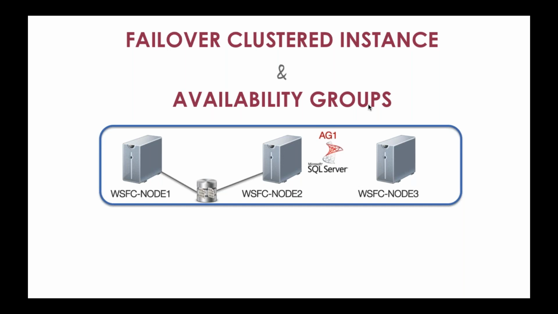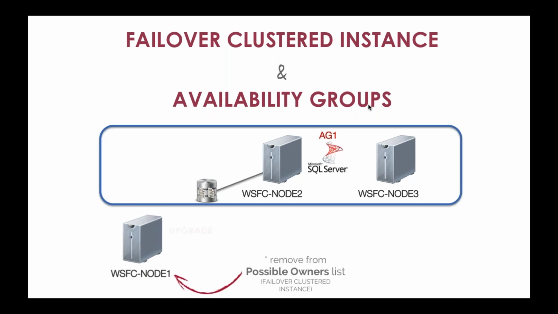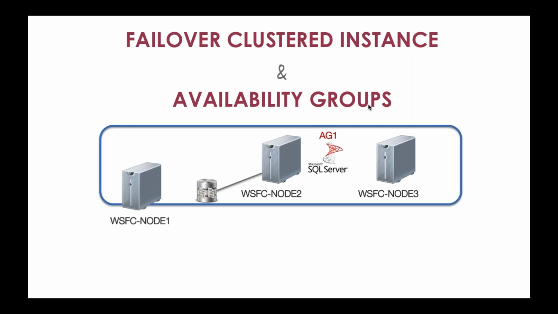Now, when I move my failover clustered instance from node 1 to node 2, the upgrade process runs, the crash recovery occurs. Keep in mind, we're upgrading the failover clustered instance, which means your system databases, your user databases are getting upgraded as well. And then you could simply upgrade node 1, run the upgrade process. And then once that's done, you can bring it back and add it back to the possible owners list.